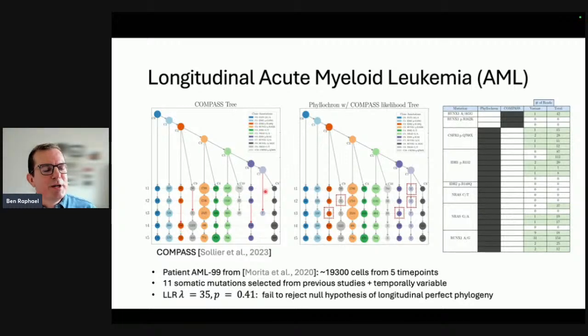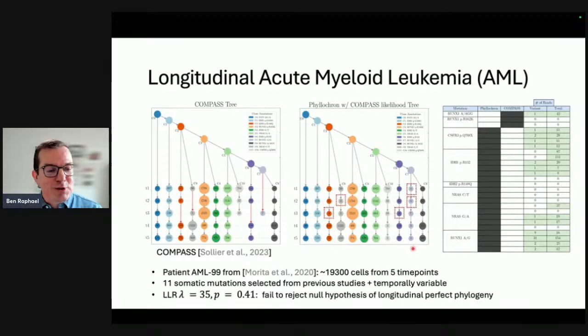Here are other disappearing clones. We now run under the longitudinal assumption, and of course we force ourselves to get solutions where there are no such violations. Now, if you can read, depending on the size of your screen, there's a small number of cells here, 4 cells, 3 cells, 4 cells. So it's a really small number of cells present at these time points.